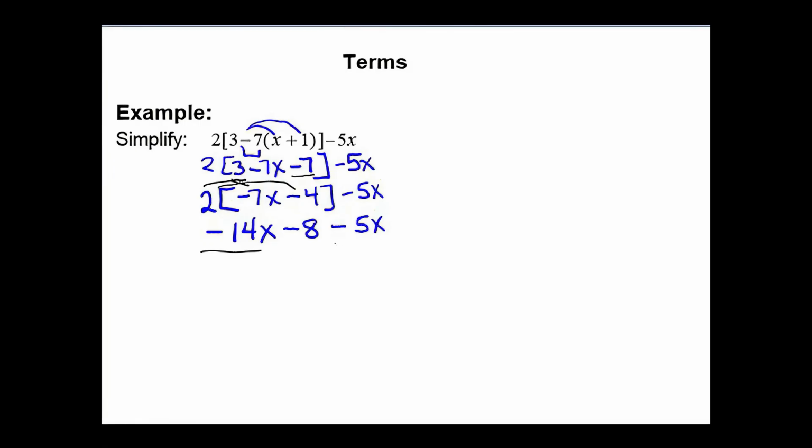The -14x and the -5x are like terms. They both have x. Combine the coefficients. They are like signs. We're going to add, keep the sign, one copy of the variable, and bring down the -8. So just go in a cycle. Like terms, distribute, like terms, distribute, and then like terms again.